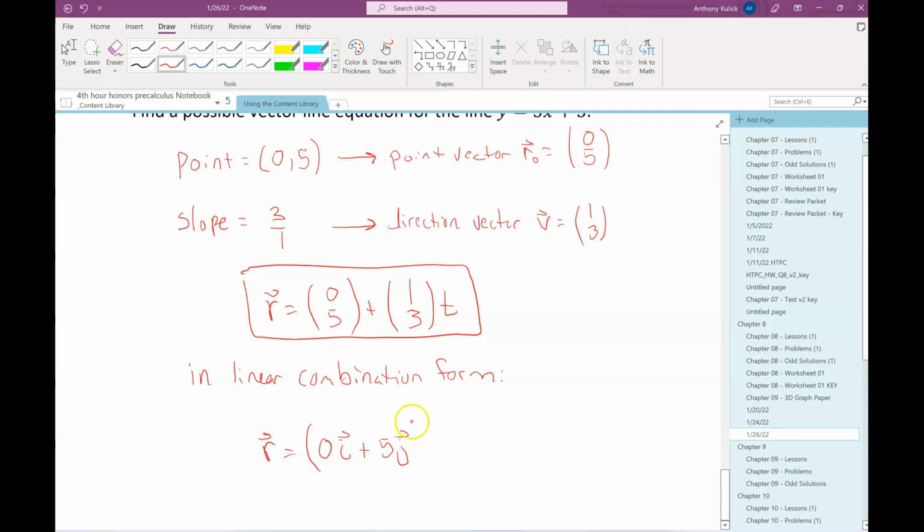So I'm just going to change my vectors into that linear combination form. Everybody's okay with that? All I did is take the x's and slap an i on the end of them, and the y's and slap a j on the end.